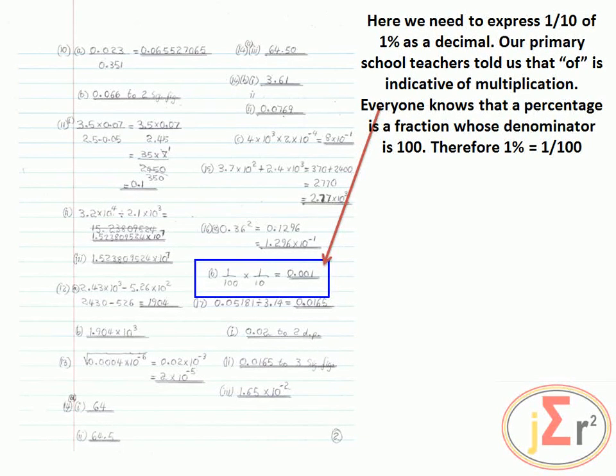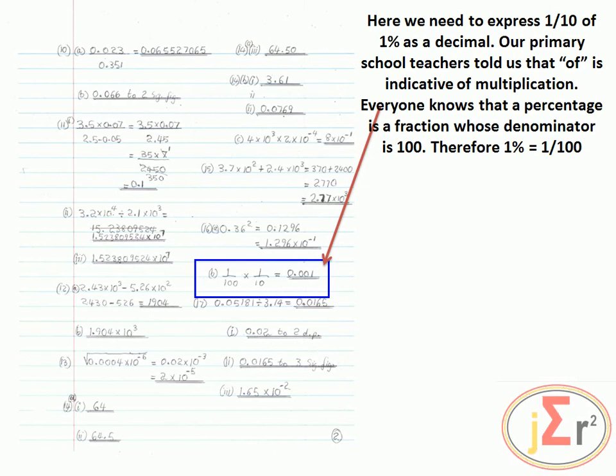Here we need to express 1/10 of 1% as a decimal. Our primary school teachers, Mrs. Peterkin, Miss Grant, and Miss Dobson, those teachers I can remember from primary school, told us that of is indicative of multiplication.